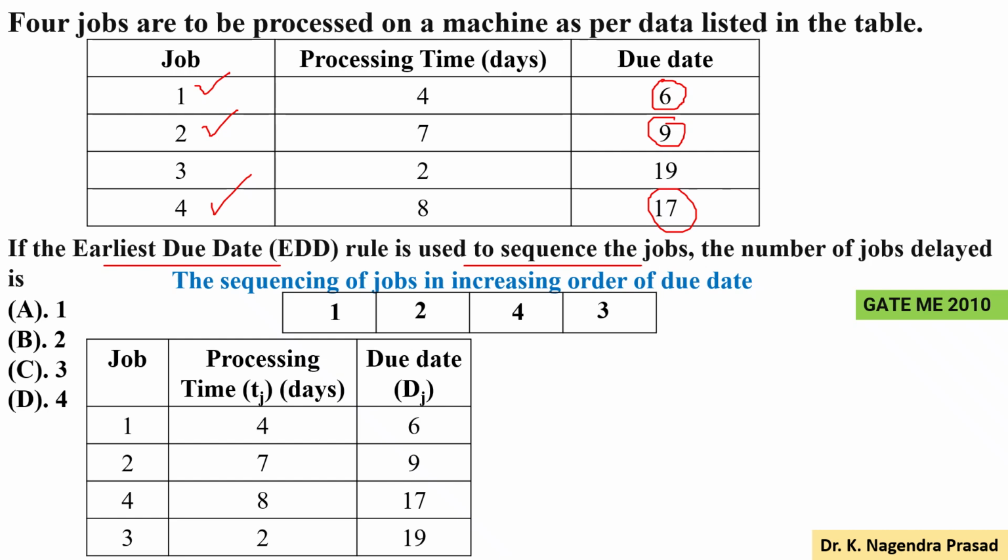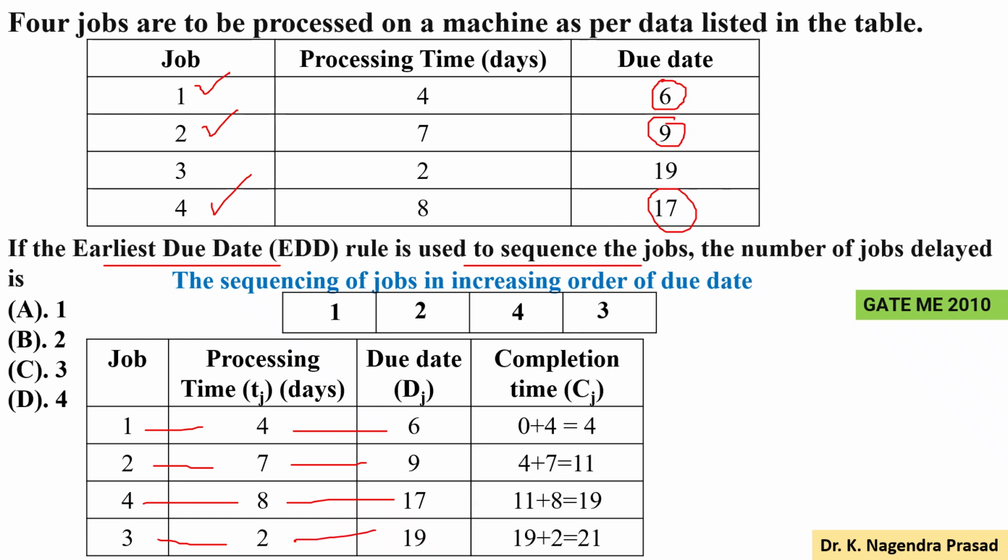Its processing time is 4 for the job 1, 7 for the job 2, 8 for the job 4, and 2 for the job 3. Similarly, the due date for the job 1 is 6, for the job 2 is 9, for the job 4 is 17, and for the job 3 is 19.